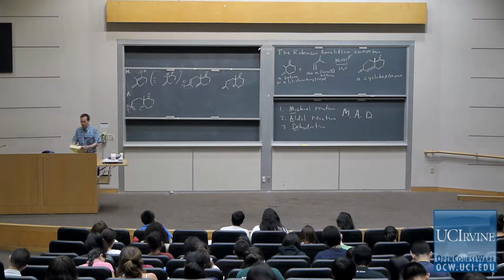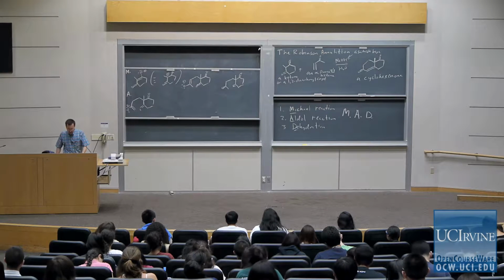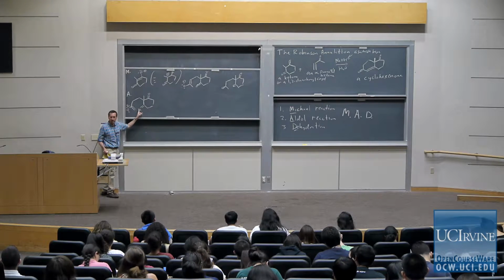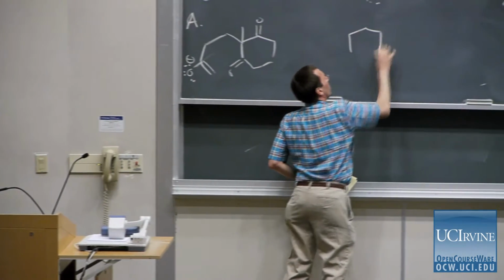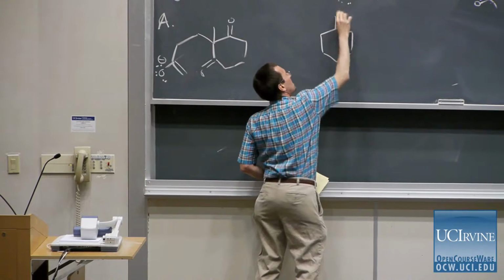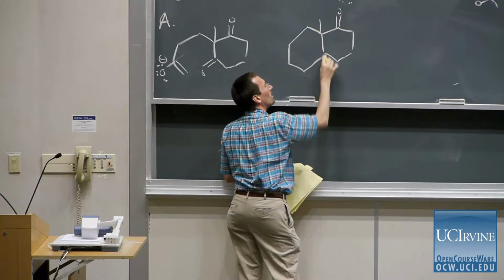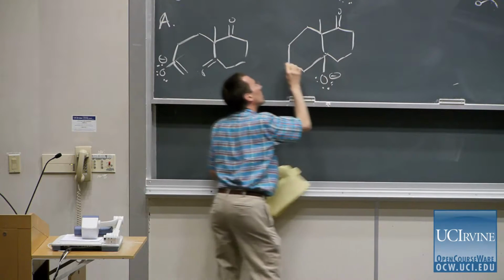And we said 6-membered rings like to form. We've seen aldol reactions occur intramolecularly to form 6-membered rings and 5-membered rings. So in our next step, that enolate attacks the proximal carbonyl group to give an aldolate like so.